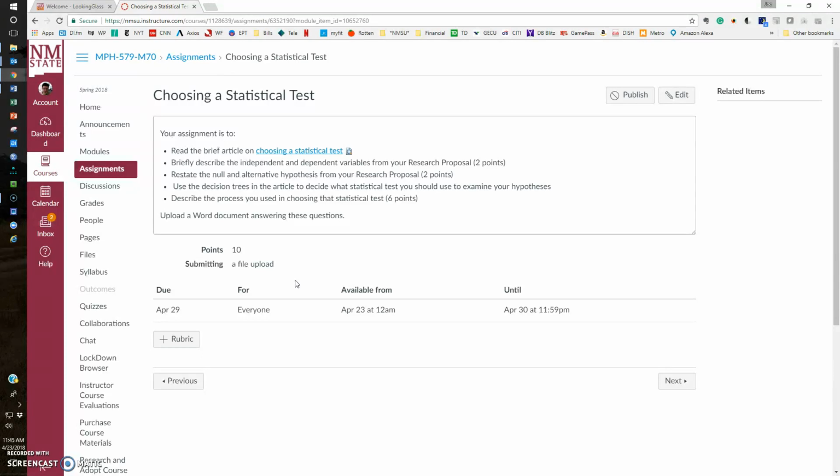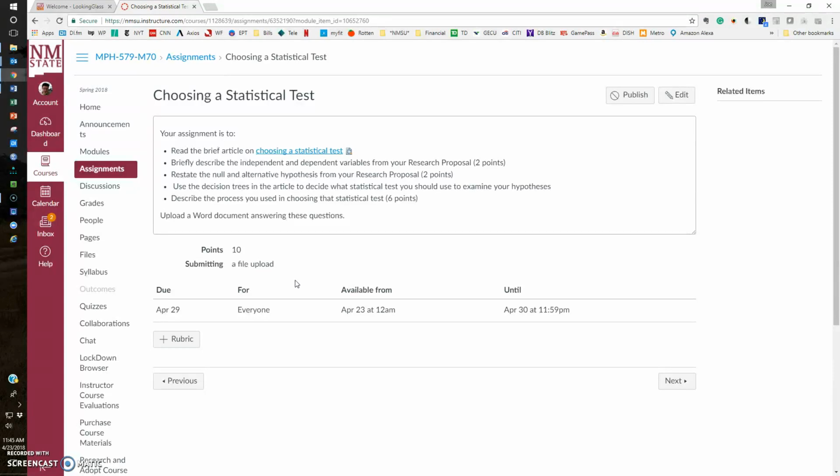So the choice of statistical test will depend on a bunch of things. How the variables are measured, whether they are continuous or discrete or interval, ratio, ordinal, nominal, those sorts of things, and also the kinds of dependent measures you have, whether they are nominal, ordinal, that sort of thing, whether you have one or many dependent measures.